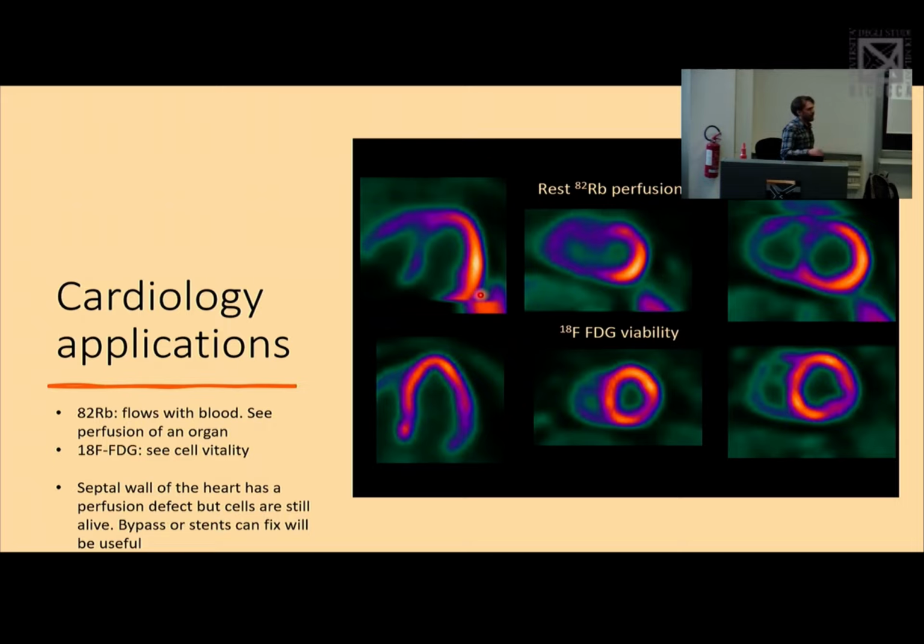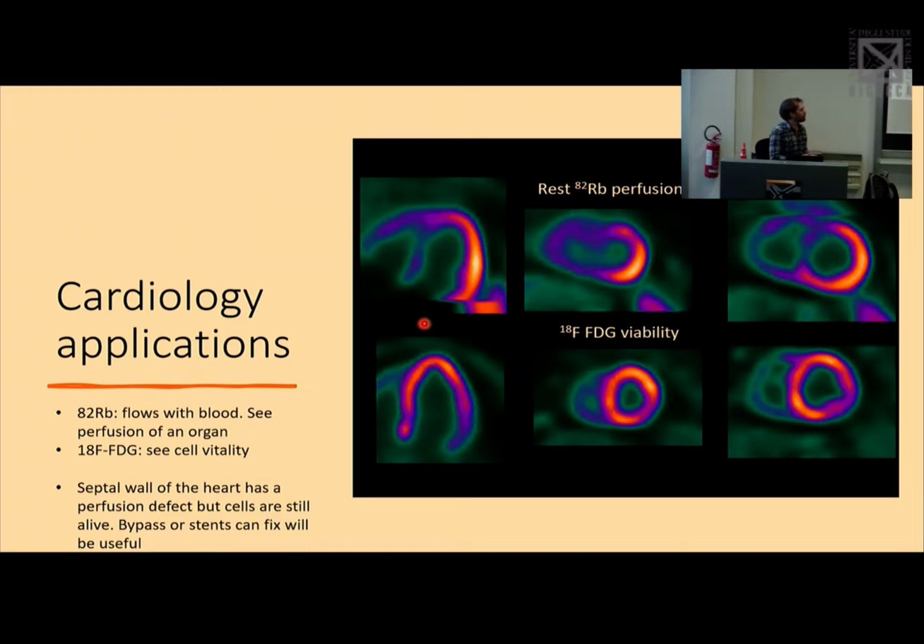So even just seeing where blood is flowing is of great interest. In this case, we again use FDG, which is the most common tracer, like 99% of the scans. It shows you if the cells are alive. And in this case, we've seen that we are not getting any blood on the septal wall, but the cells are alive, which means that if you go into operation, that wall of the myocardium will start to work again.